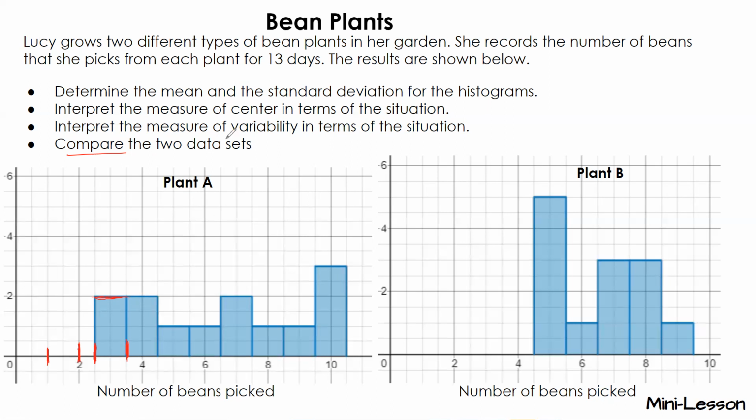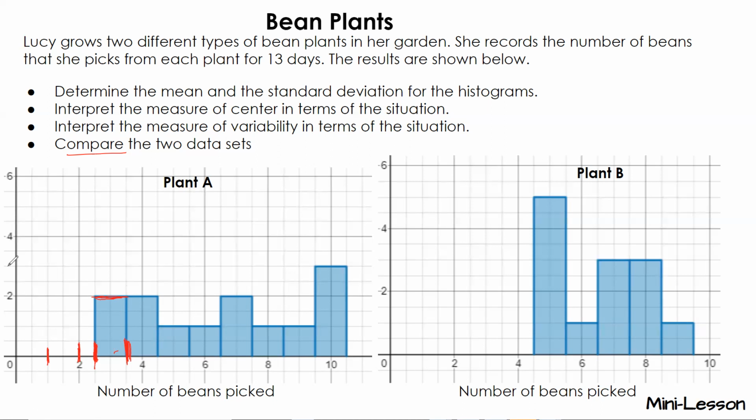Okay, so let's read the situation again. Lucy grows 2 different types of bean plants. So here's plant A, here's plant B. She records the number of beans that she picks for 13 days. Okay, so what is this representing? Which number of beans? Okay, so she picked from 2.5 to 3.5, so 3.